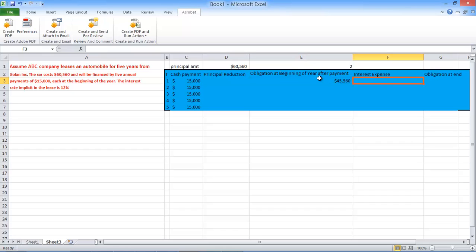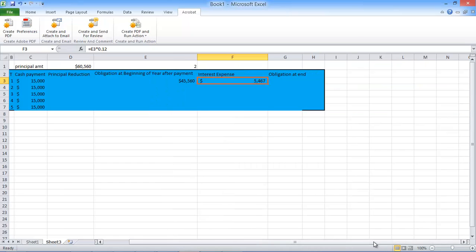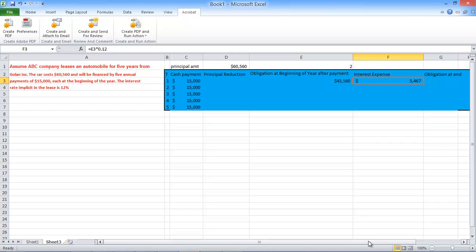So we have this remaining, so we have to pay interest on this because this is the amount we're carrying. This times what's our effective implied interest rate, that's 12%. So this is the interest expense that you have to pay, which we haven't paid yet.